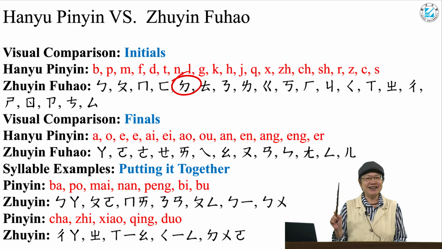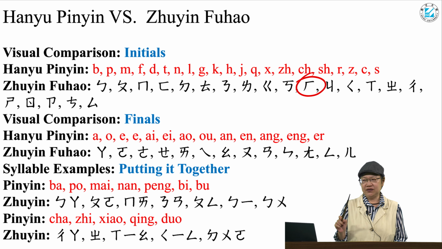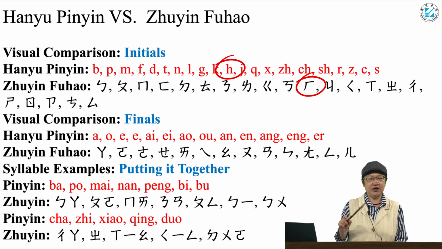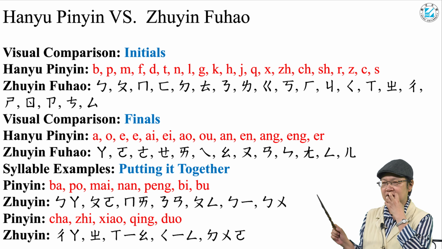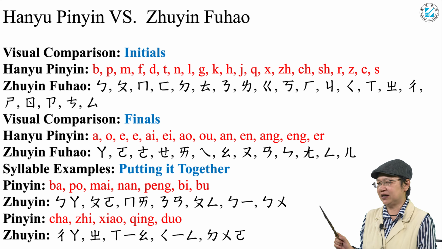D, T, N, L, G, K, H. Again, this H we do not pronounce the English way. We pronounce H. And when you pronounce it, try to be aware of where the sound comes out from your mouth, and that might influence the whole sound effect.